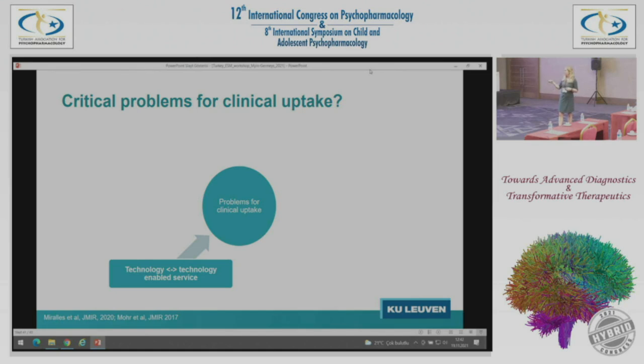But this is also about interoperability. How can you use this in your practice with your electronic patient system? How can it communicate with that? Who owns the data? What about data security and privacy?